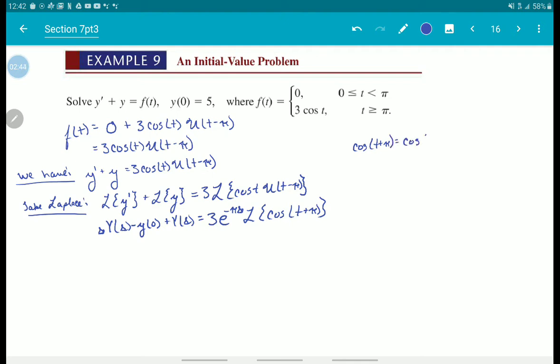That's going to be cosine of t, cosine of pi, minus sine of t, sine of pi. We know sine of pi is 0. Cosine of pi is negative 1, so this is just negative cosine of t. And we could pull that negative out.